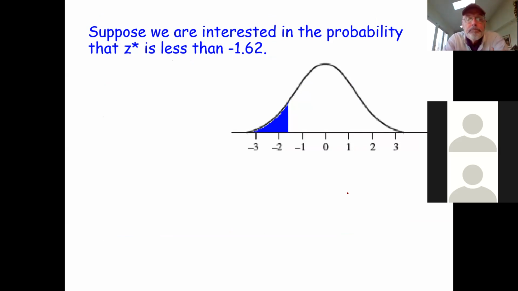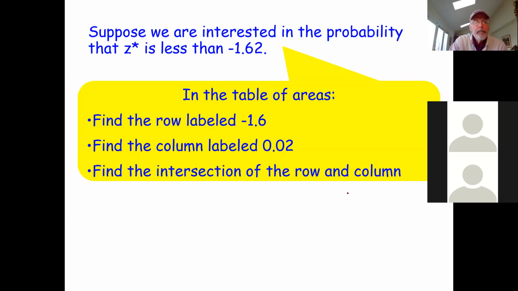All right. So here is a value, and the Z-score is negative 1.62. What is the probability of less than negative 1.62? Well, we would go to the Z table. We're looking at a table that has rows and columns.